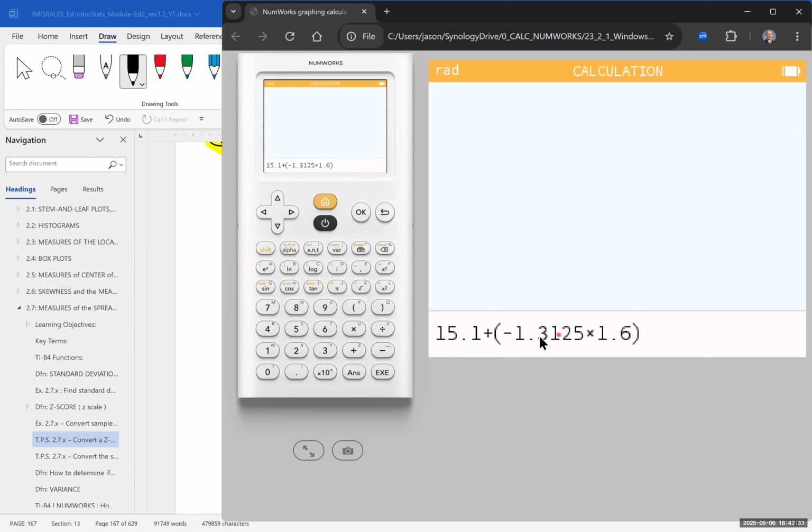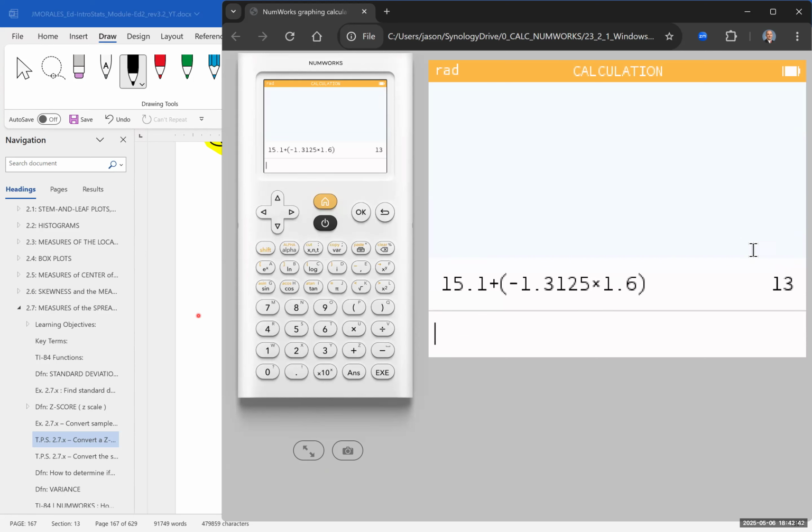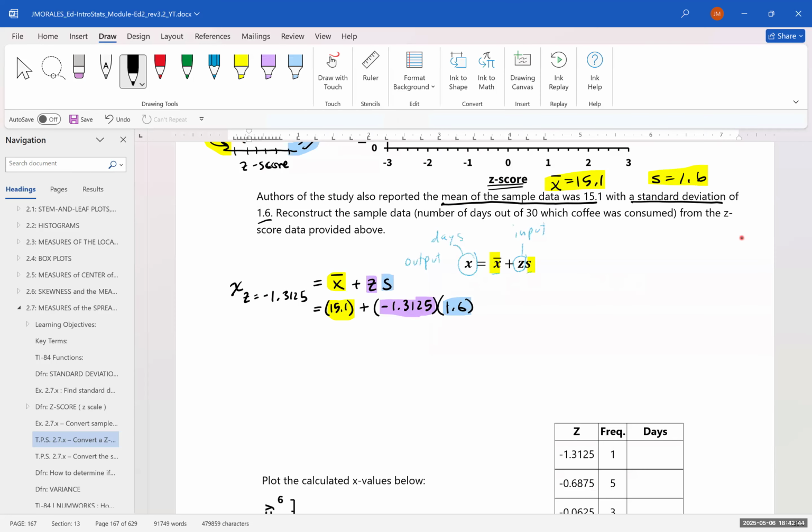Let's see if this works. Okay, it did. That comes out to 13. So x, when z is equal to negative 1.3125, is equal to 13.